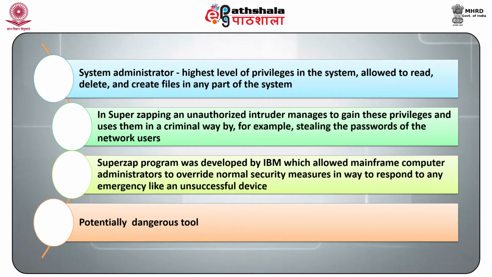Super zapping is the name given to the method whereby an unauthorized intruder manages to gain these privileges and uses them in a criminal way by, for example, stealing the passwords of the network users.